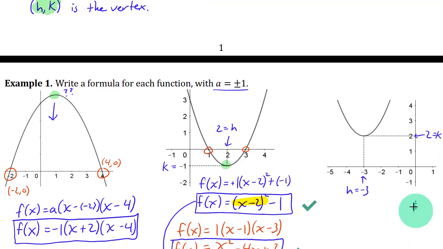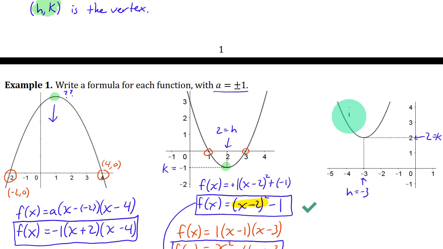And let's see, because this opens upwards, the a is going to have to be 1 for this one, because it must be a positive number. So this one you could write as f of x equals 1 times (x minus -3) squared plus 2. That's (x minus h) quantity squared plus k.